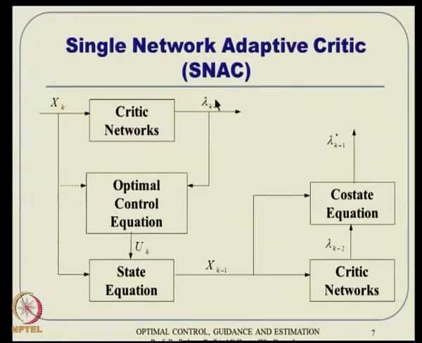Initially this is non-optimal, but still you can use these two and get your u_k. Then x_k and u_k are known, hence you get x_{k+1}. Again you use the same critique network, get lambda_{k+2}, then using these two you get lambda star_{k+1}. Taking this as the desired output, you train this network and stop when these two are close to each other. That is what we have discussed in detail before.